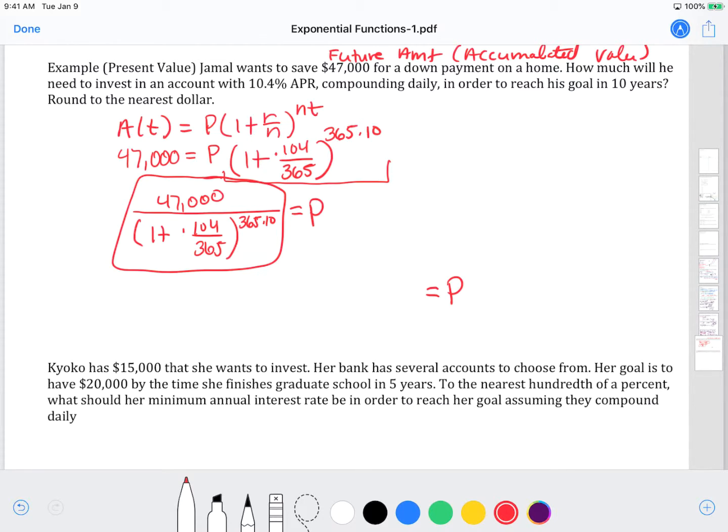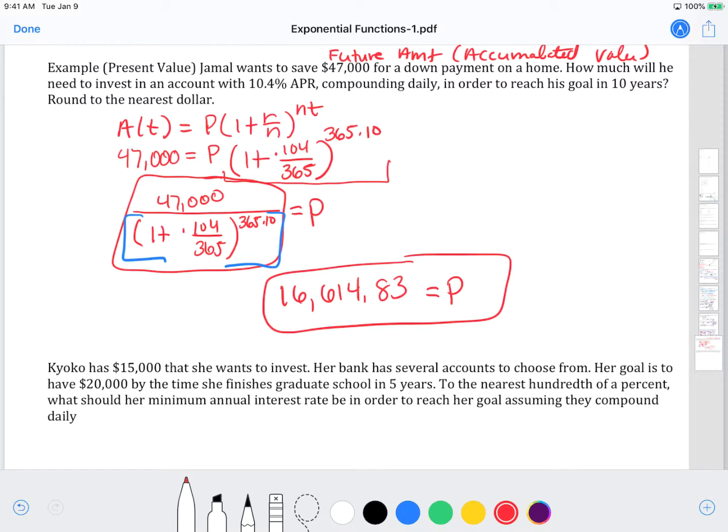So when you put all that in the calculator, just be sure, I'll put in my extra parentheses down here, you put parentheses around the entire denominator just like this so that it knows that whole thing is in the denominator. Okay, when you do that, you should get $16,614.83.